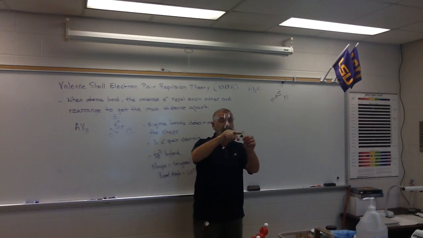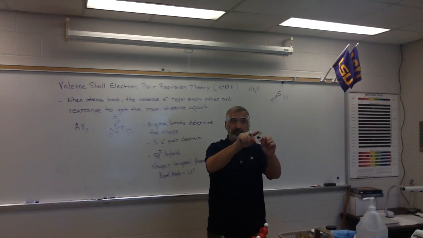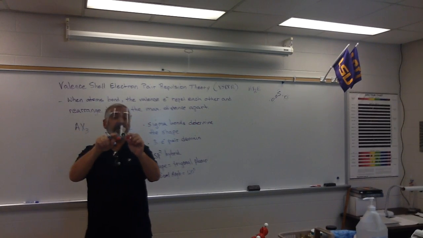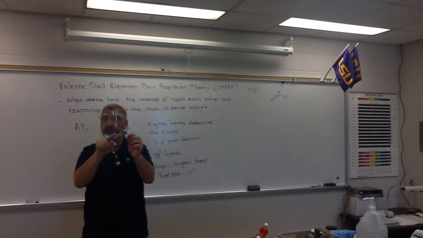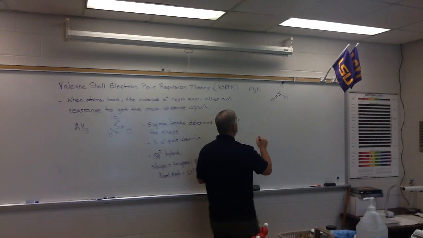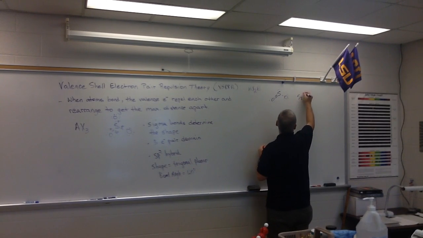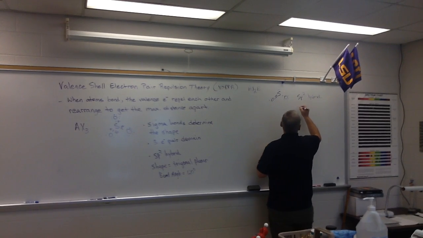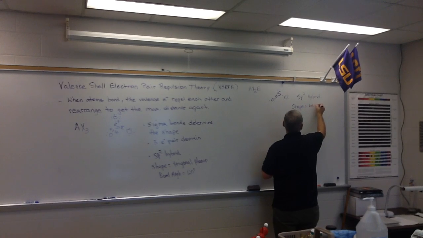But they're still occupying the points of the triangle. Okay? Still occupying those points. But when we say the shape of the molecule, we only play dot to dot with atoms that are actually present. So what's the shape going to be? Okay? So it's still sp2 hybridization. Okay? So the shape is going to be bent.